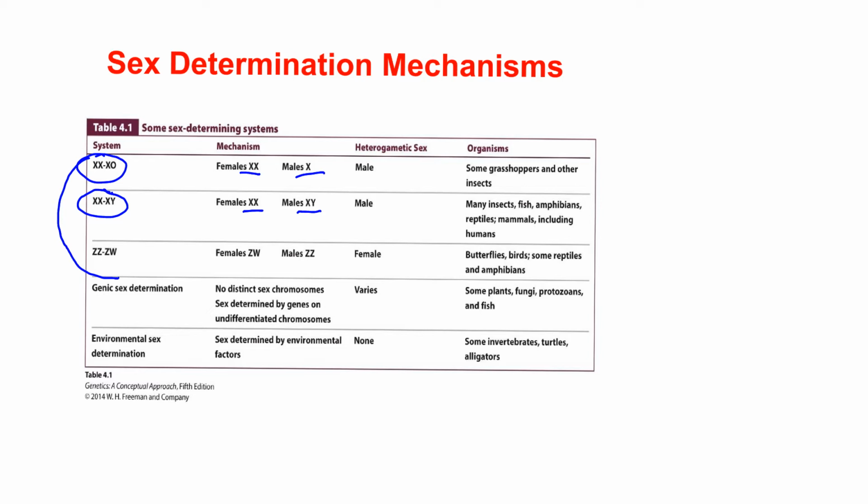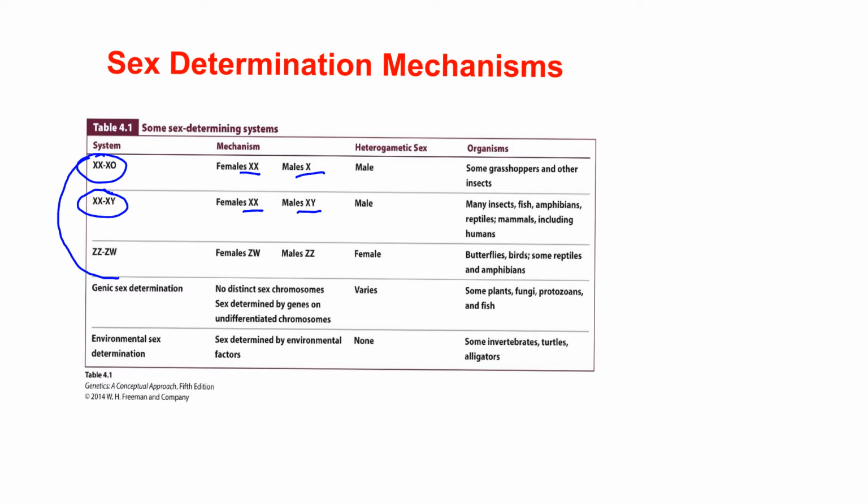Now, I would like to bring your attention to one fact: even though we classify XX-XY as a chromosomally determined system, it is at the same time also genic sex determination. Why is it? Because the two chromosomes are also genetically different.